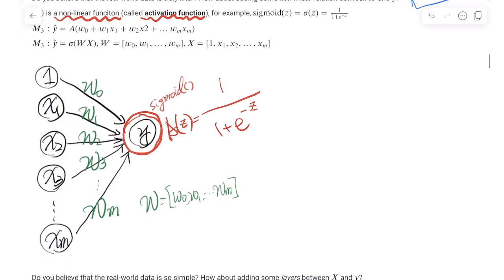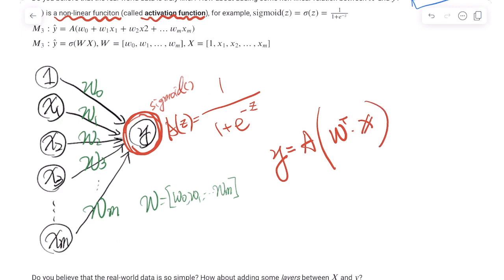So in this case, if we draw a circle right here, that means the Y value should be something like there's an activation function which is nonlinear, but inside it is something like that.